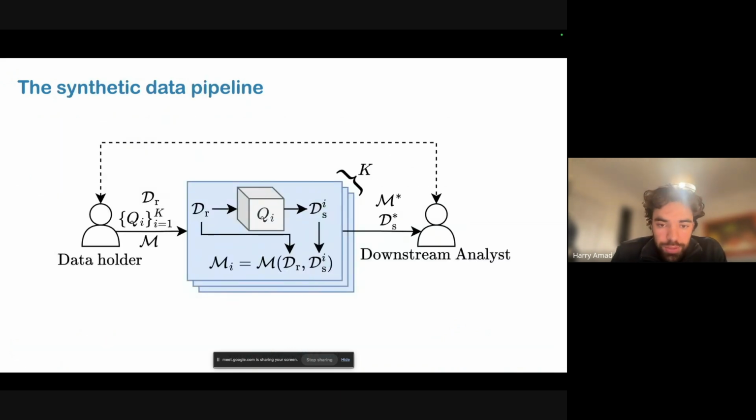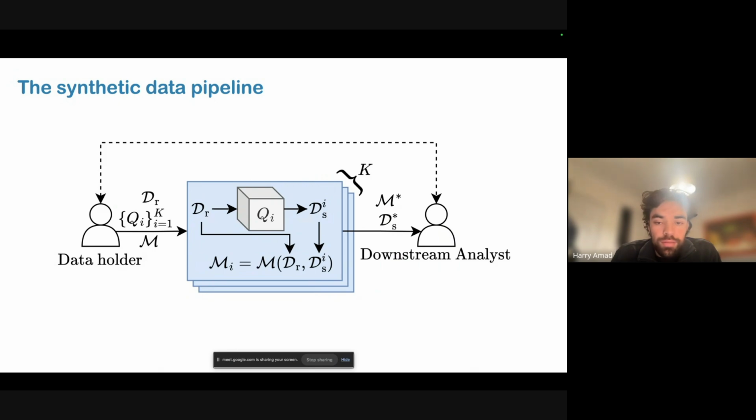So we can see a pictogram of the typical synthetic data pipeline here, which basically describes what I just said. A data holder will have access to some real data set, D_R, and they will train some number of generative models, Q, and they will have some number of evaluation metrics, M, that they can use to assess the data produced by each generative model.